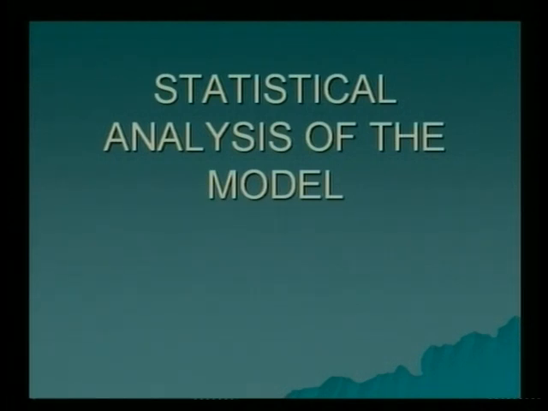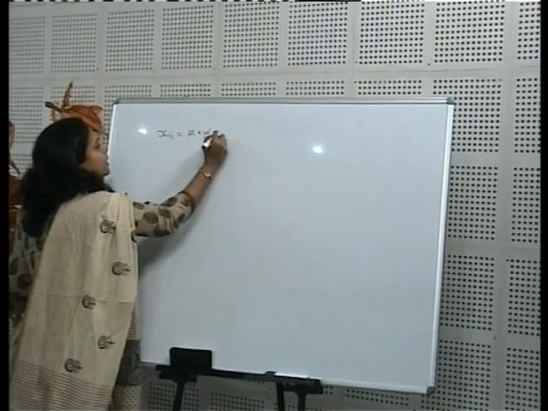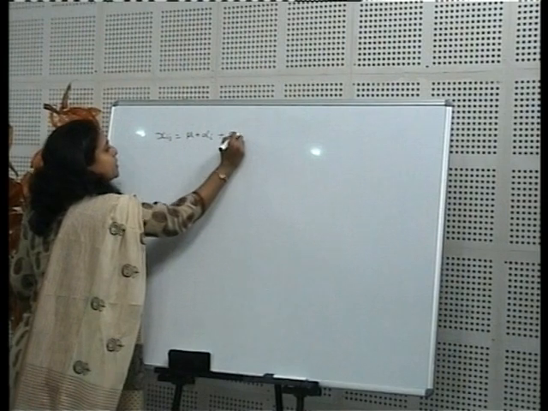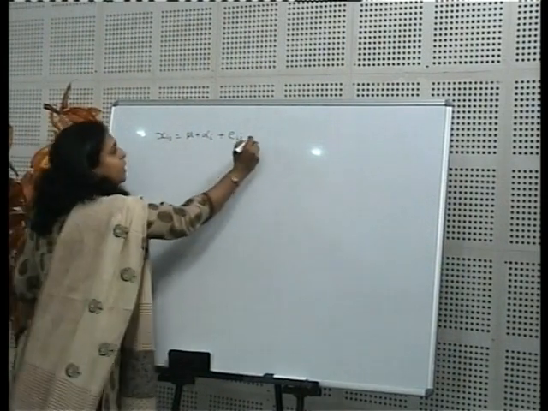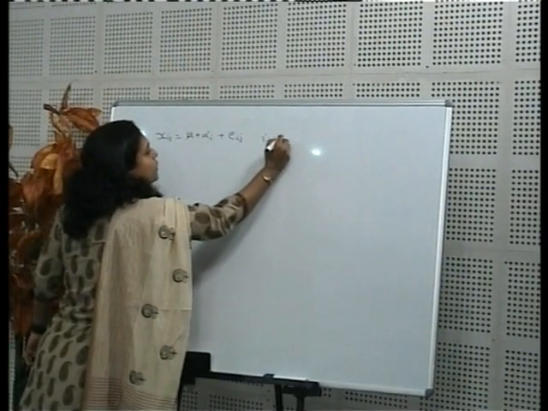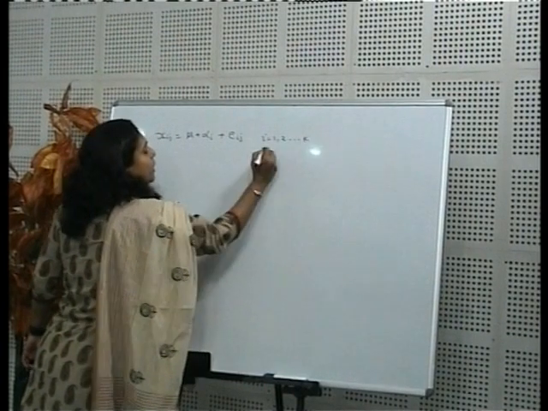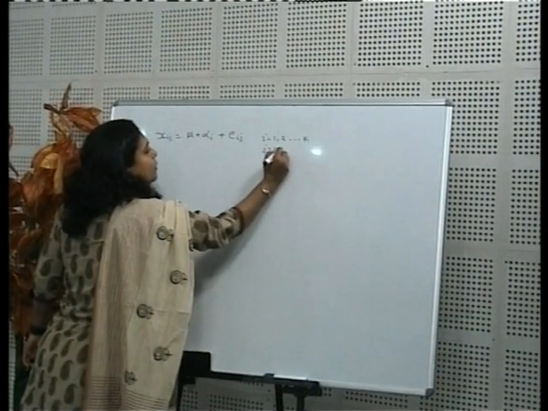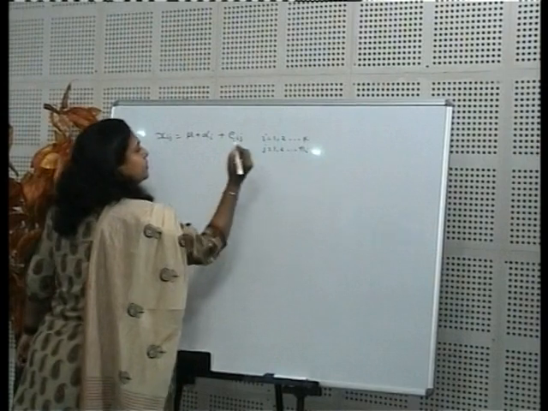The model that we have used in one-way classification, that is Xij equals mu plus alpha i plus Eij, where i takes values from 1 to k and j takes values from 1 to ni.